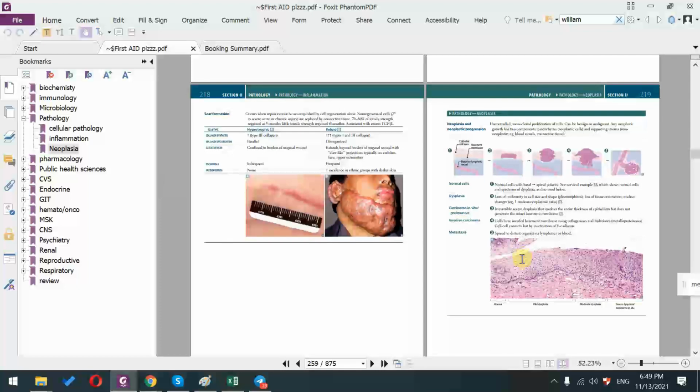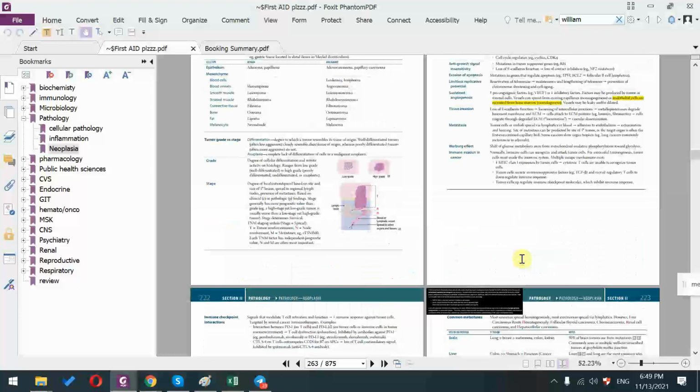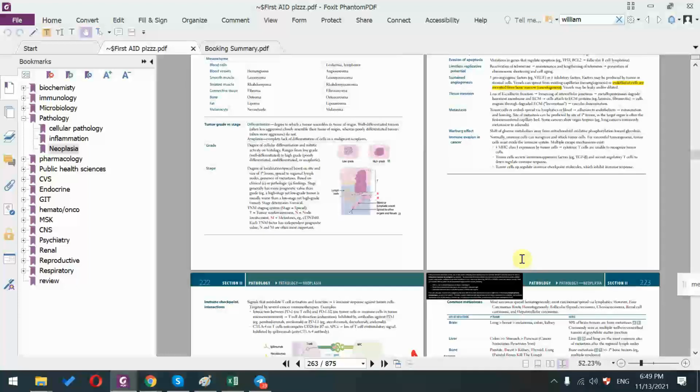If I say that a tumor was successful in invading the basement membrane, what do you need to invade the basement membrane? Which enzyme helps you to invade the basement membrane?